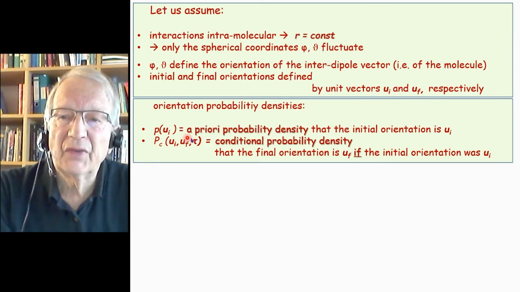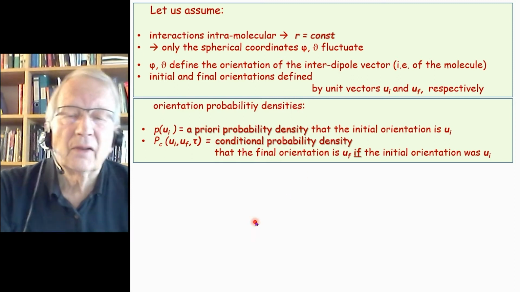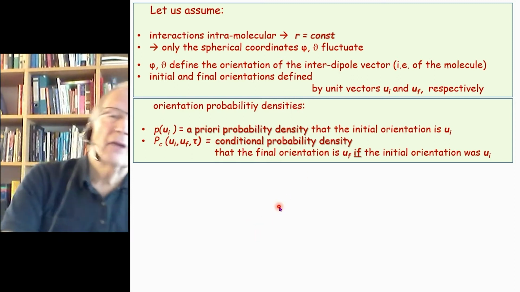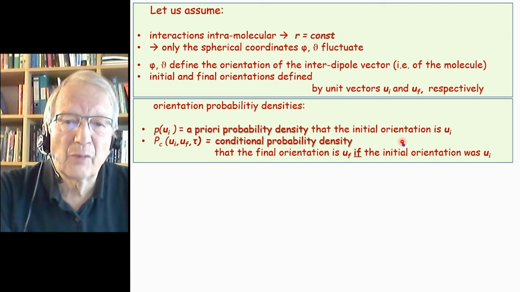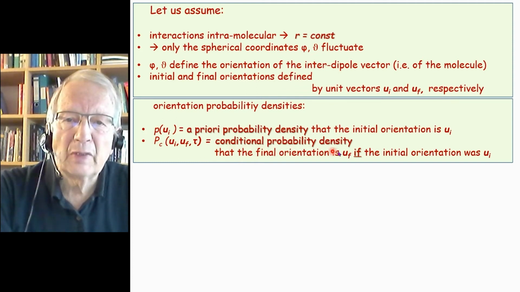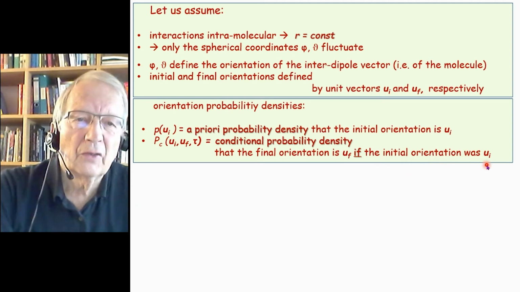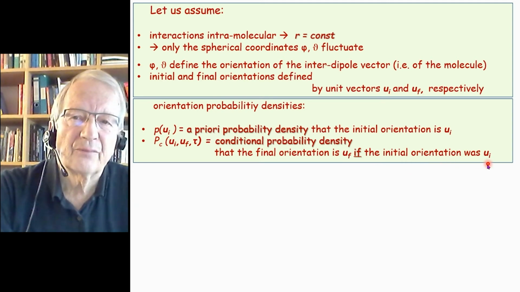The first one is the a priori probability density that characterizes the initial orientation, the probability for the initial orientation at time 0. And the second probability density is a conditional probability density. It gives the probability for the final orientation if the initial orientation was u sub i.